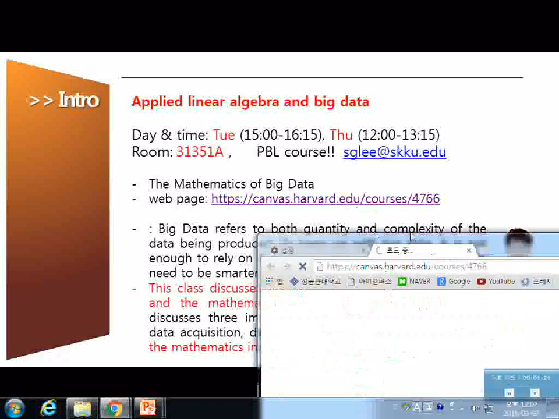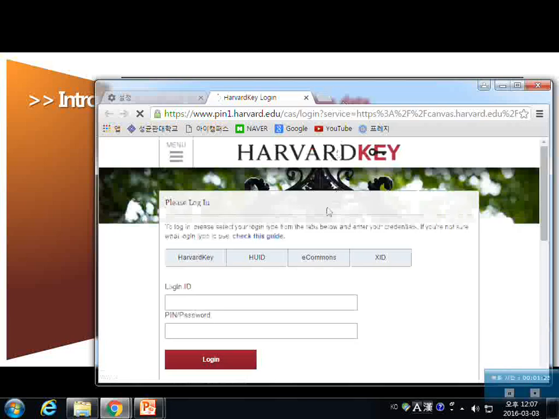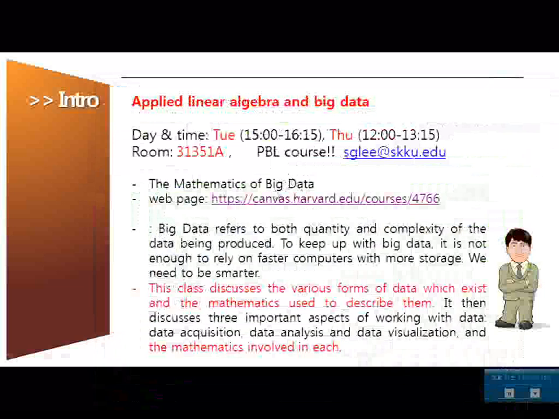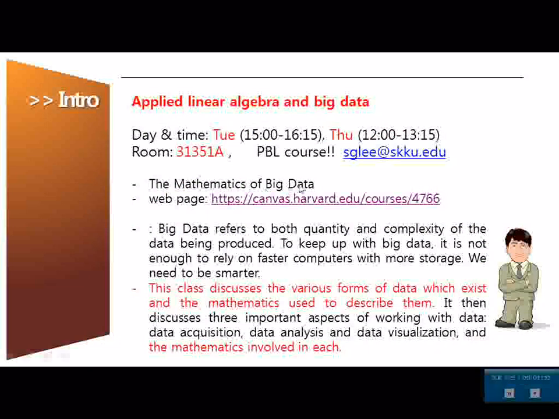I already uploaded this information and the syllabus for you. This Mathematics for Big Data course was offered this spring semester at Harvard University, and I found it suitable for us to follow the guidelines of its syllabus. So we will try to adapt that flow for this class.